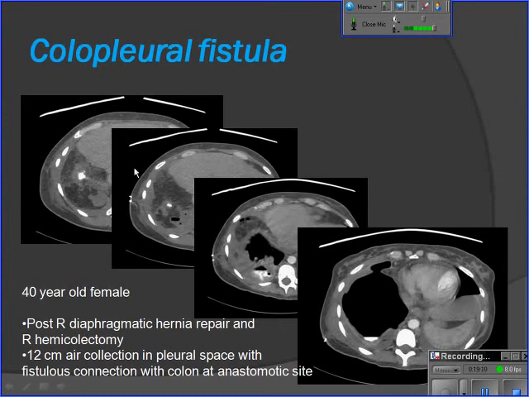And so what these images are depicting is this is part of the large bowel containing oral contrast, and then a few cuts up you can see, again, bowel with contrast. And then that connects with a large air-filled cavity within the pleural space on the right, and it's having mass effect. I thought this was an interesting one because you can actually see the oral contrast layering posteriorly in that collection.